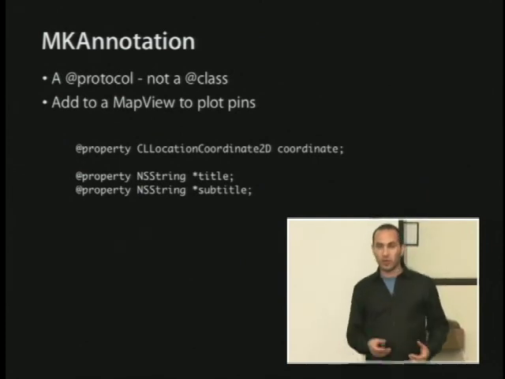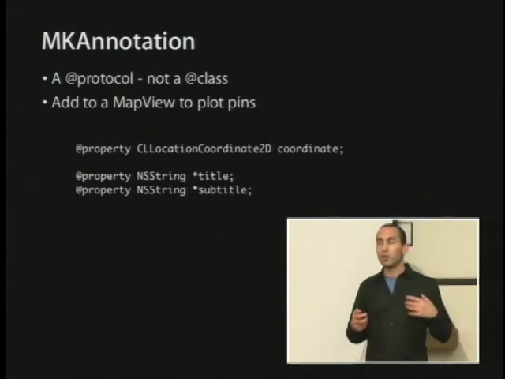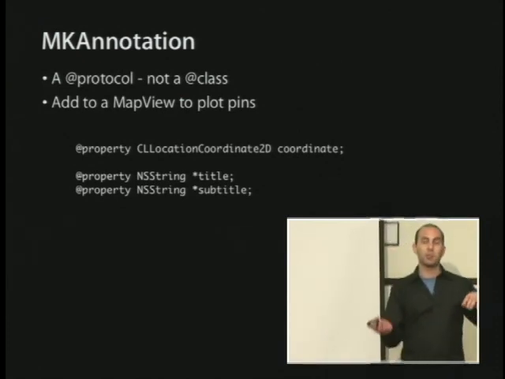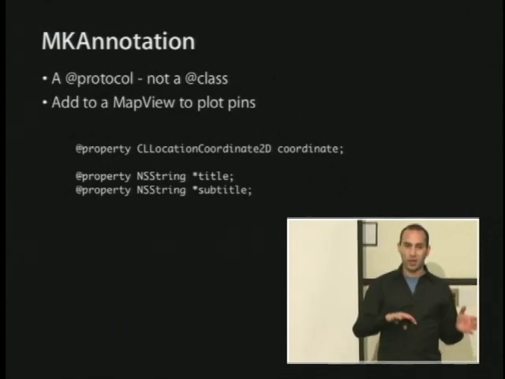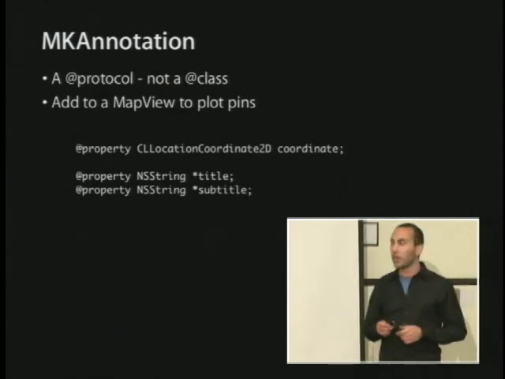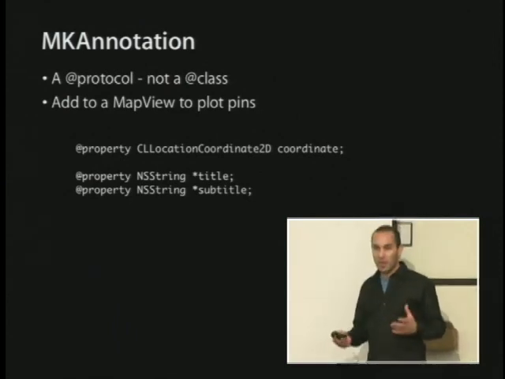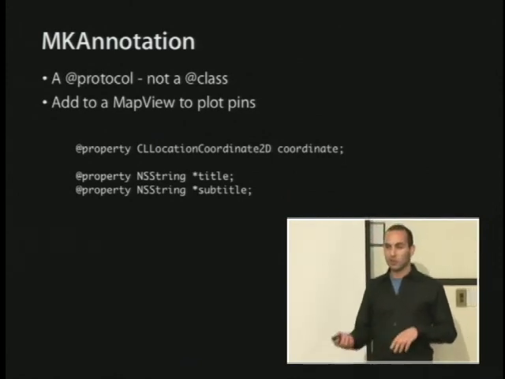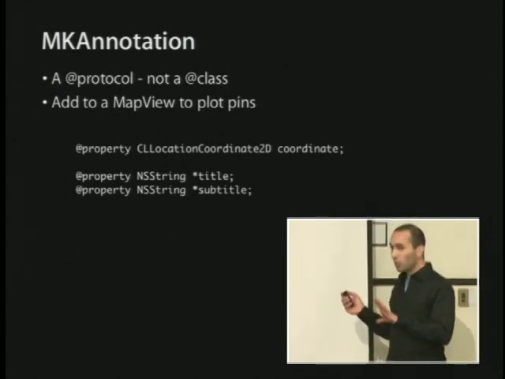I recently worked on a project where it was done in Core Data, and I didn't want to have to map every one of my objects to some new MK annotation object just to plot them on a map. I just used the objects themselves and then overrode the coordinate getter and returned the appropriate location. So it's a protocol. That's the important thing here.